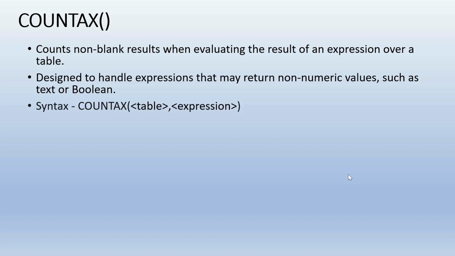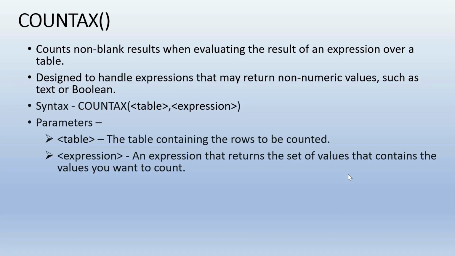Now its syntax is COUNTAX, and as the parameters we pass a table and an expression. The table is the one in which we will be counting the number of rows, and the expression will iterate row by row and return the set of values that we will be counting.